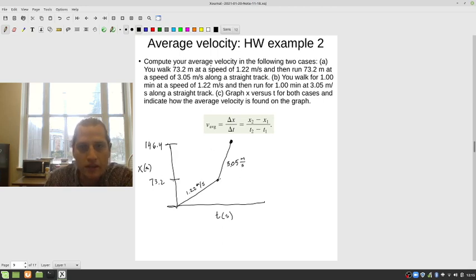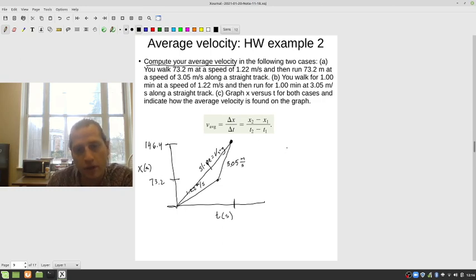Then it asks us to compute your average velocity. And we made our graph. How would I find my average velocity if I had all of these points in order? I would take the slope here. The slope of that is V average.